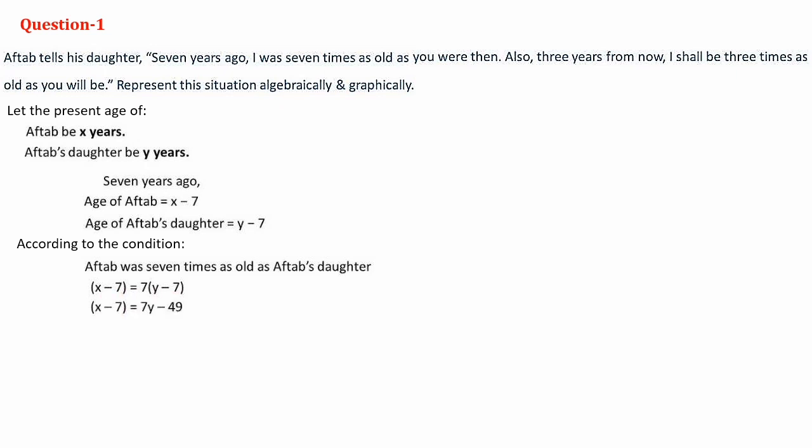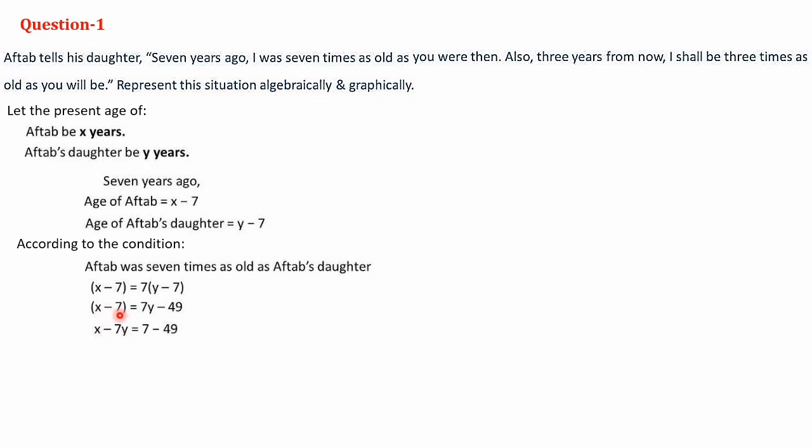So let's expand the bracket. x minus 7 is equal to 7 into y, that is 7y, 7 into 7, that is 49. Then we have to bring the variables to one side and constants to the other side. There is a 7y on the right side; when it comes to the left side, it becomes minus 7y.